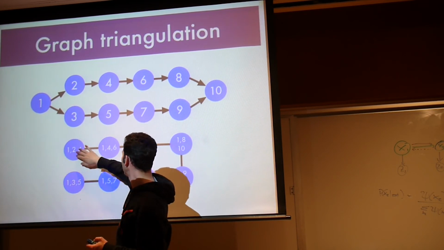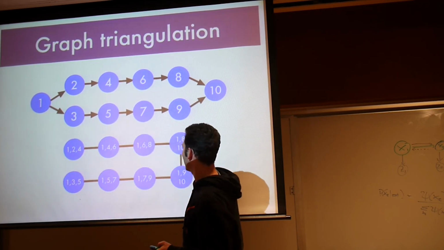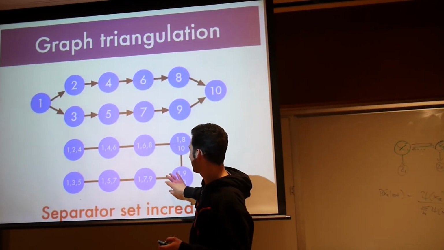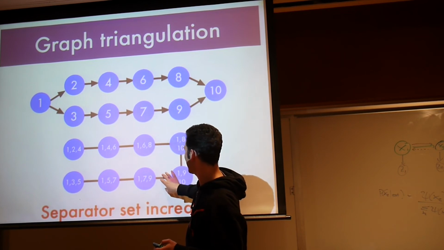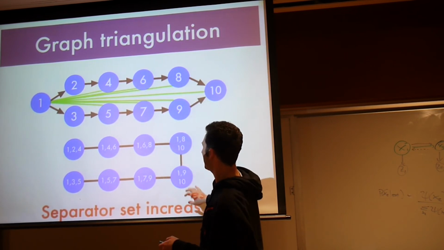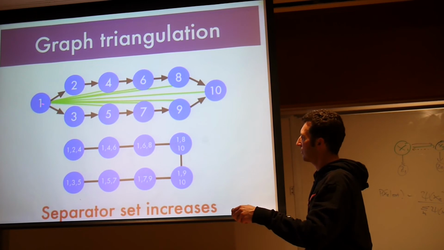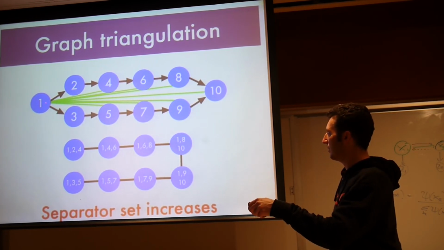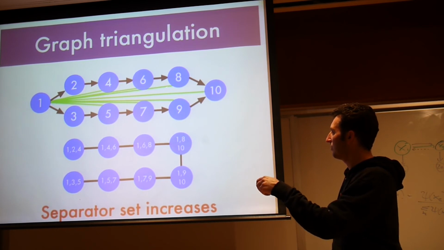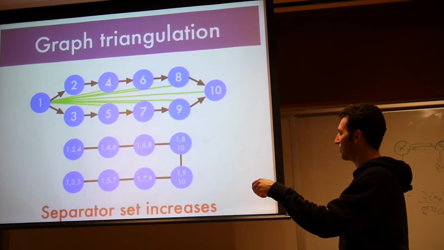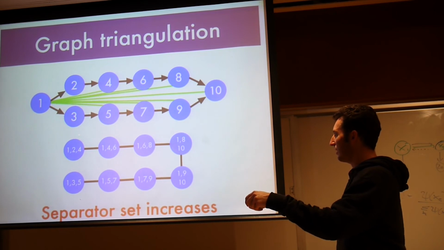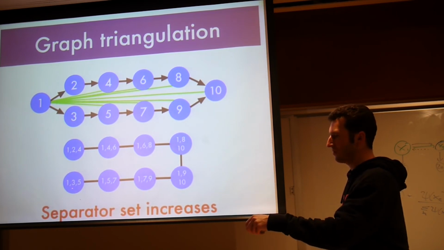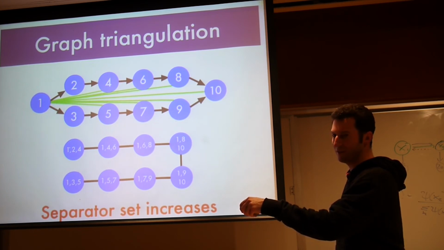I basically make it part of everything. First of all, you can see the separator set will actually get larger. But what's really happened is I've triangulated the graph. I've added spurious connections here, which don't really do anything in terms of the functions. But now I have larger cliques, and I get a nice tree. Well, I get a chain, actually.